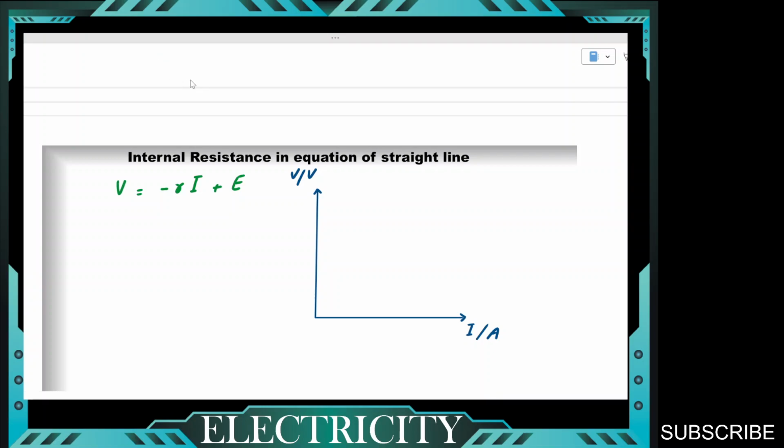So we are labeling these two quantities, this one on the x-axis and this one on the y-axis. What would the graph look like? It would be a straight line.